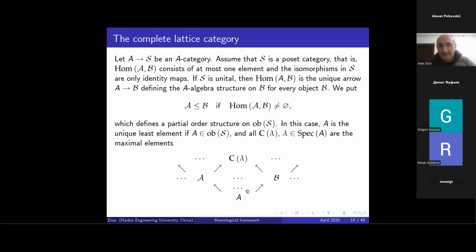In this case, the base algebra is a unique least element, right? The base algebra is at the bottom of the structure. Look, these are my unique arrows here. And on the top, we have trivial modules, right? All the trivial modules are sort of maximal elements. Roughly speaking, that's the meaning of a posetal category with unique morphisms.